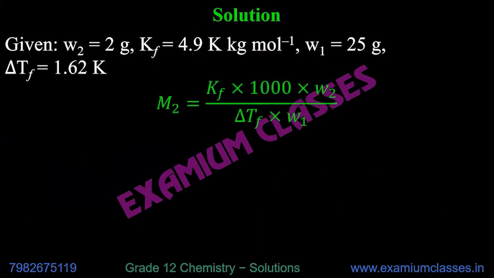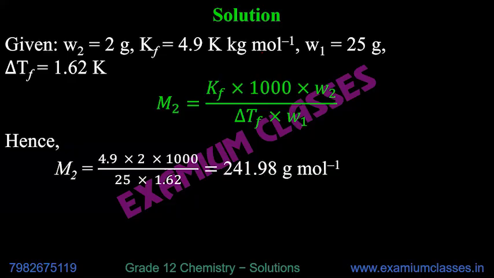Coming to that, M2 is equal to Kf into 1000 into W2. Here 4.9 is Kf given, 1.002 grams is given the solute, 25 is given the solvent, 1.62 is the depression in freezing point.